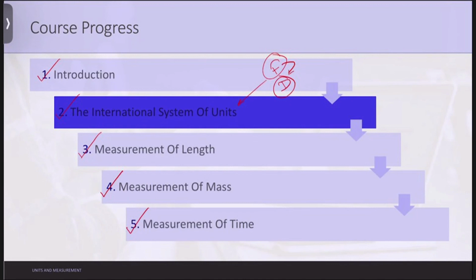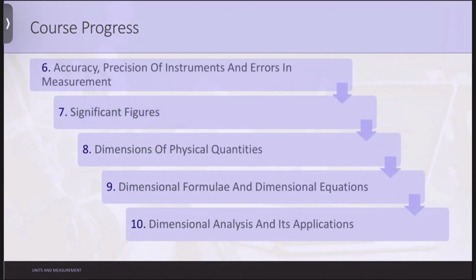Then in accuracy, precision of measurement and error in measurement, we understood what error is, why uncertainty arises, the two types of uncertainty, random errors and systematic errors, etc. Then we also understood three different quantities: absolute error, relative error, and percentage error, along with combination of errors.